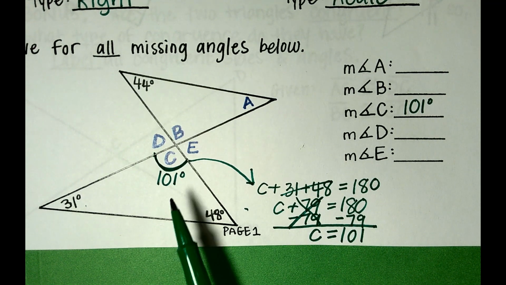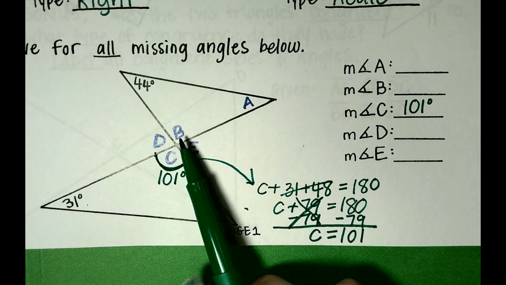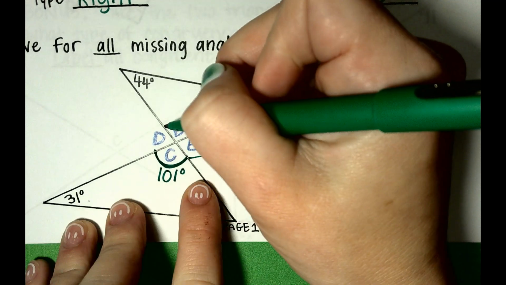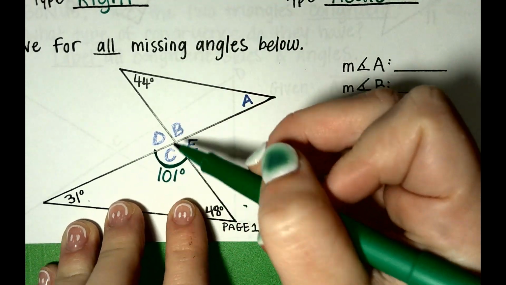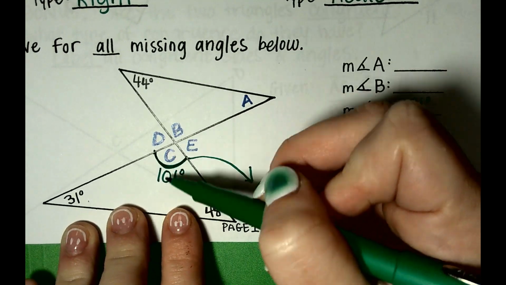Because we have angle C solved, are there any other angles that we know right away? B. Absolutely, B. How is B related to C? They're equal. You guys remember what this is called?